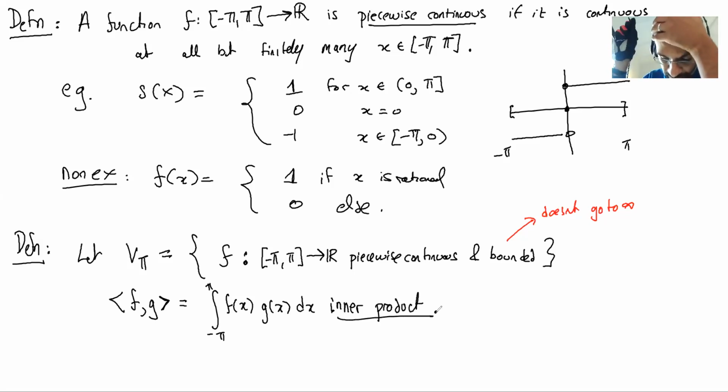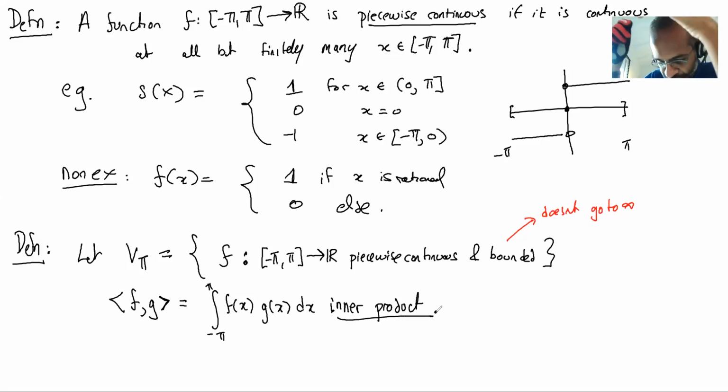Now, you might ask, why have we thrown in these piecewise continuous and bounded conditions? Well, it's so that this integral makes sense, right? So if you go back to calculus, if you have a piecewise continuous and bounded function, you can always integrate it.